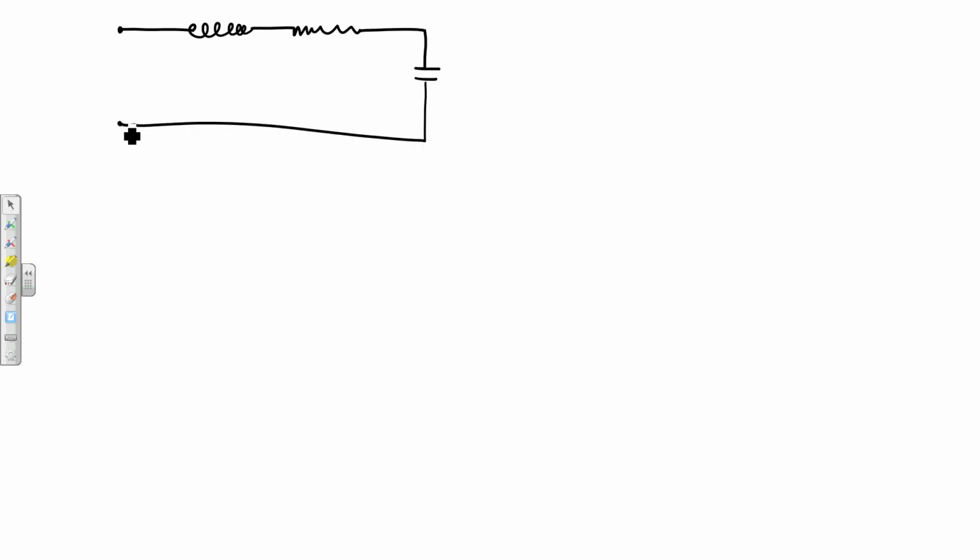So let's say we've got an inductor, a resistor, capacitor like this. And so we've got some kind of input voltage. So this is inductor L, resistor R, capacitor C. And now we want to look at the output voltage.